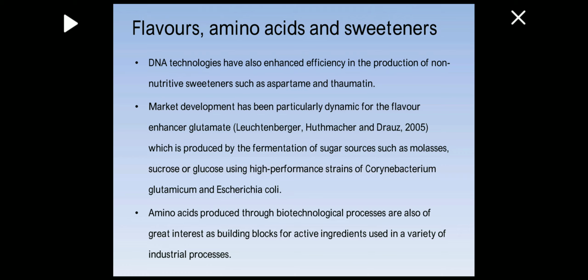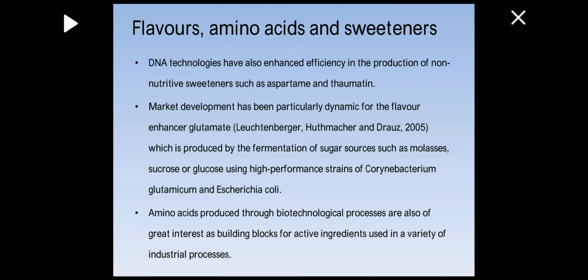Market development has been particularly dynamic for the flavor enhancer glutamate, which is produced by the fermentation of sugar sources such as molasses, sucrose, or glucose using high performance strains of Corynebacterium glutamicum and E. coli.